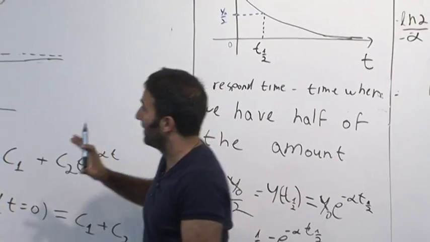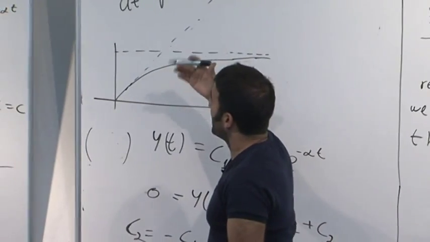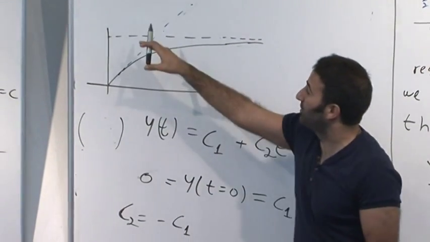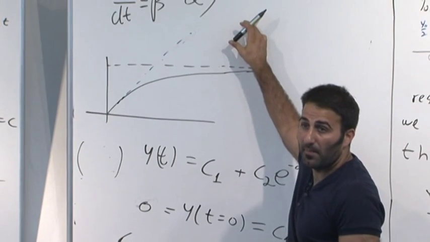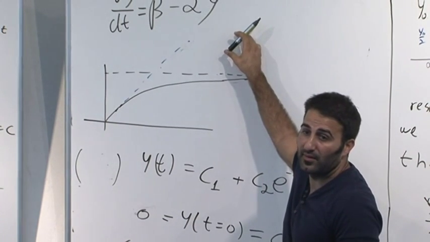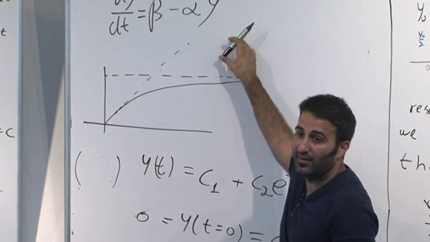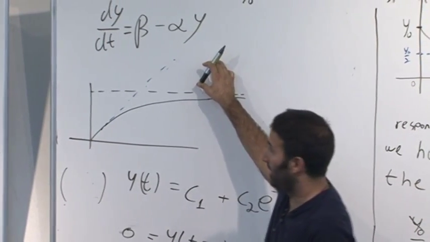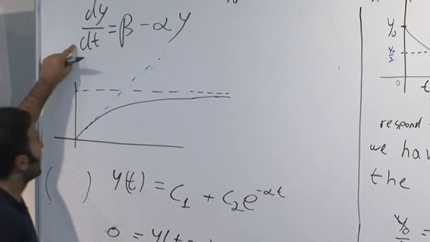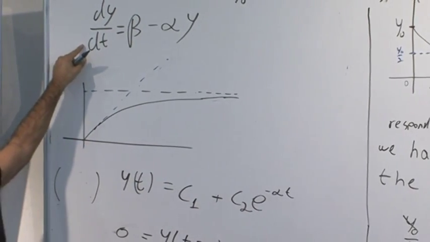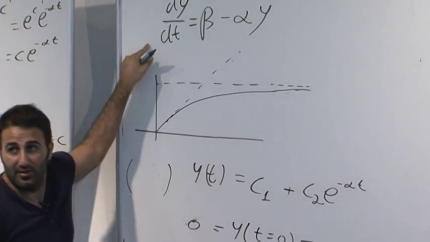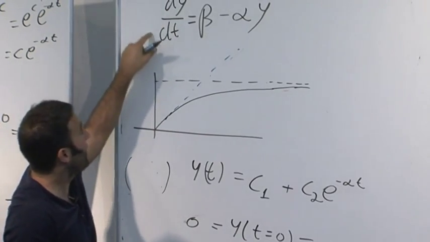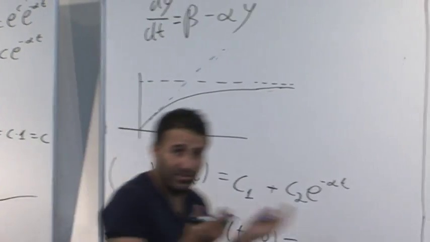So if it is constant, what can we do to the equation? Anybody? Because it doesn't change anymore. Exactly. If dy over dt is the change of y, and we know that after a long time it doesn't change, so dy over dt will be 0 because there is no change.